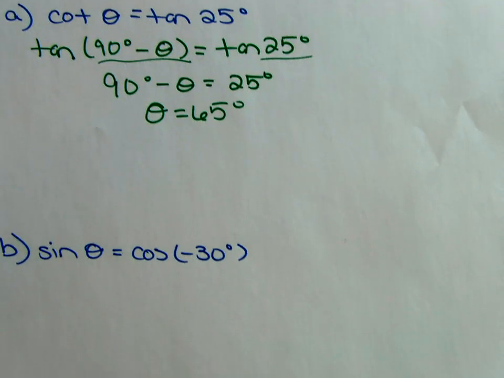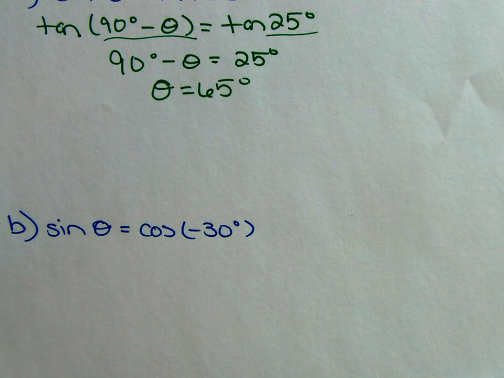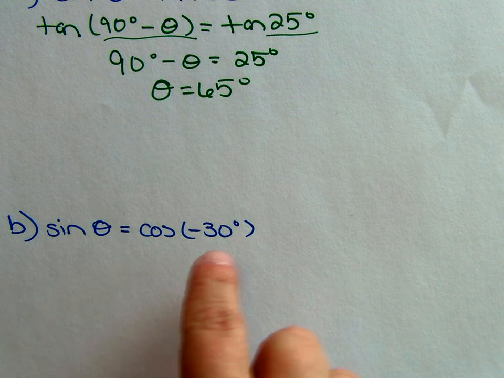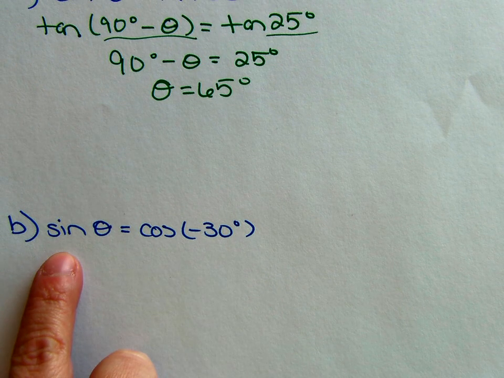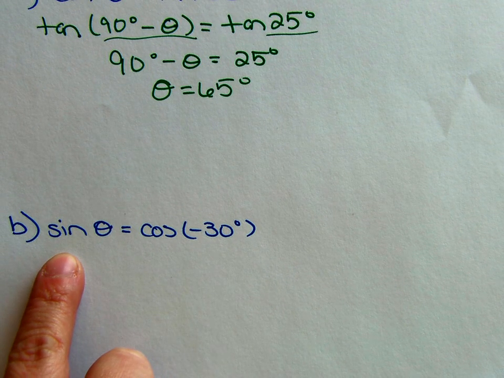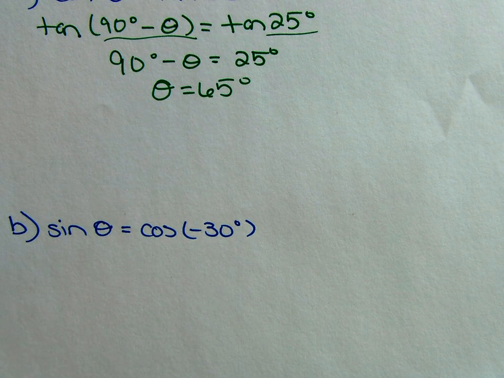So let's look at sine theta equals cosine of negative 30 degrees. Since we have the 30 degrees over here, the cosine of negative 30, let's get sine in terms of cosine. So sine theta equals what using our cofunctions? We don't know. We can look.